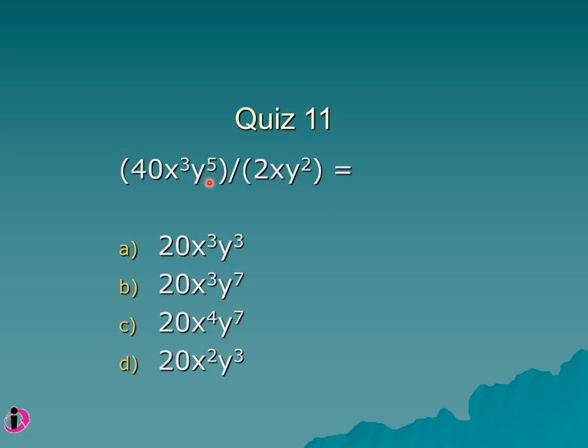You get 20 x to the power 3 minus 1, y to the power 5 minus 2. Then you get 20 x squared y cubed. So the right answer is D, last one. Any question here?